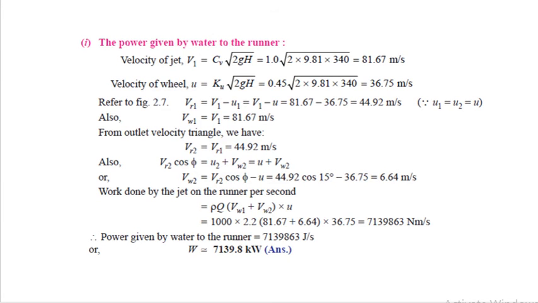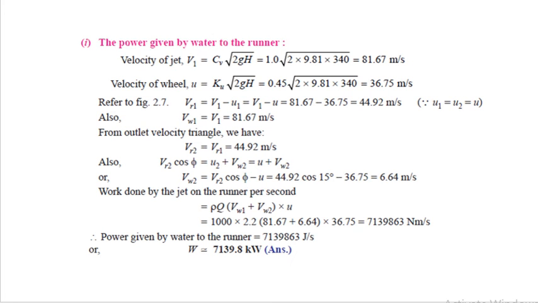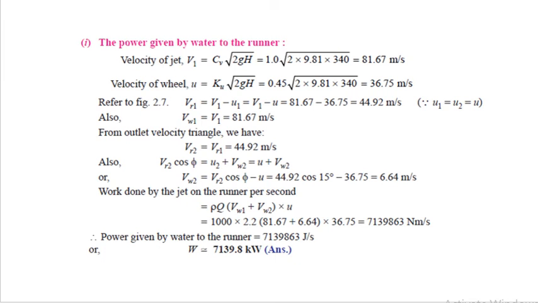VR1 you can calculate with the help of this diagram. VR1 is V1 minus U1. V1 you had calculated and U1 you had also calculated with the help of the speed ratio. So VR1 is 81.67 minus 36.75, that is 44.92 meter per second. And in the diagram it is given that V1 is equal to VW1, so you can write VW1 is equal to V1, that is 81.67 meter per second.